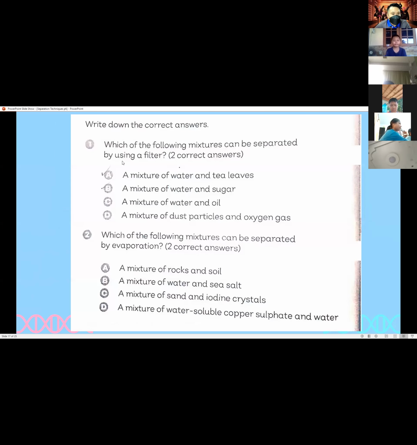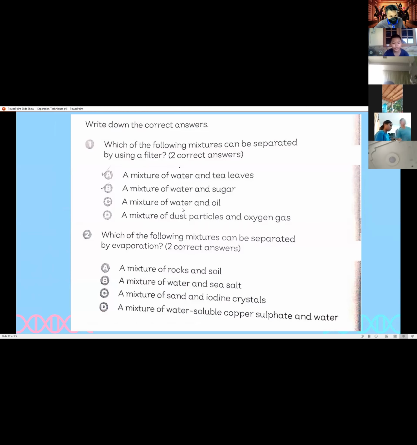What's the answer here again? Which of the following mixtures can be separated by using a filter? Mixture of water and tea leaves, mixture of water and sugar, mixture of water and oil, mixture of dust particles and oxygen gas. Which mixtures can be separated? What's the answer?